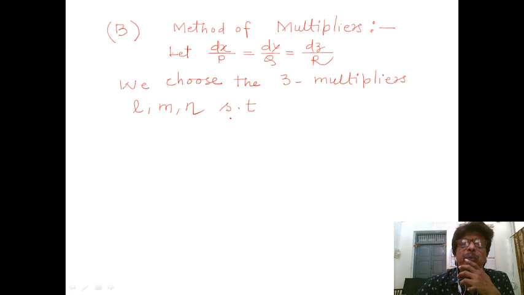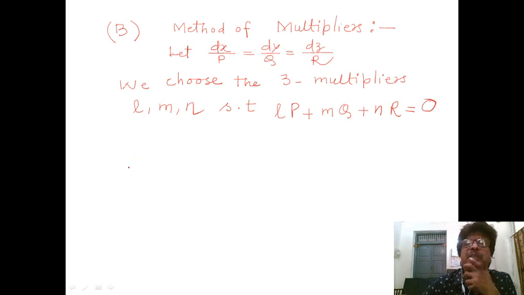How do we choose these multipliers? Such that this product L times capital P plus M times capital Q plus N times capital R must be 0. This is the condition.